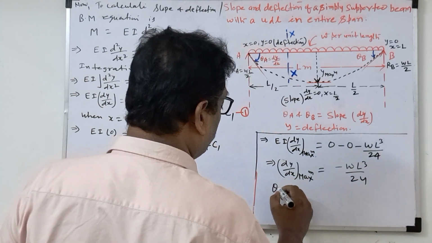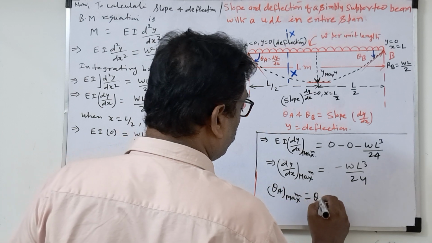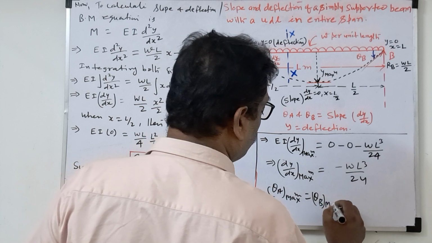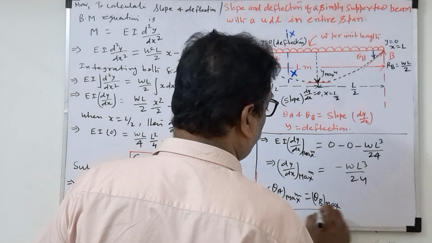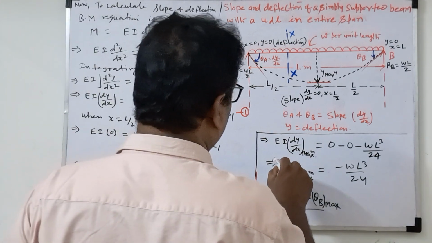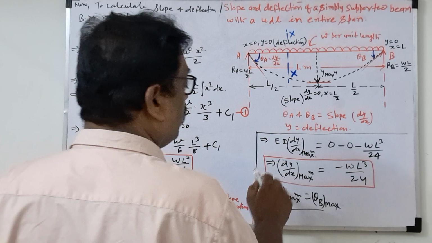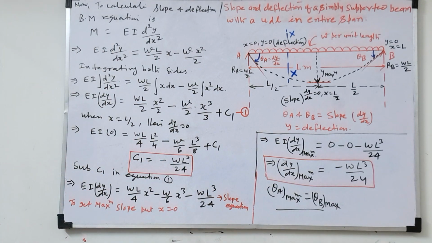This is nothing but theta A maximum or theta B maximum. This is called slope. Maximum slope we got minus WL cube by 24.